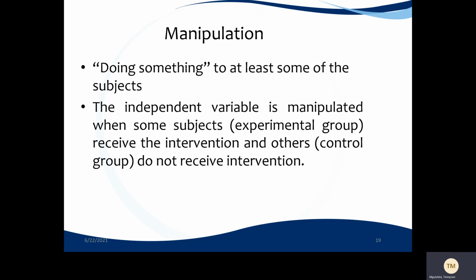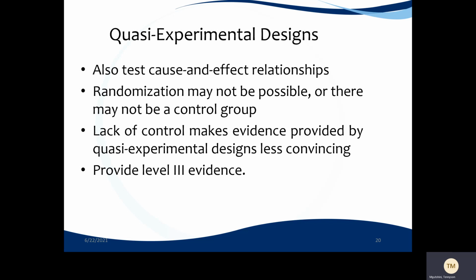Now, I've said to you that a true experiment has each of these three things present: control, manipulation, and randomization. Now, a quasi-experiment, remember quasi says almost. So it's an experiment, but it's missing some characteristics.